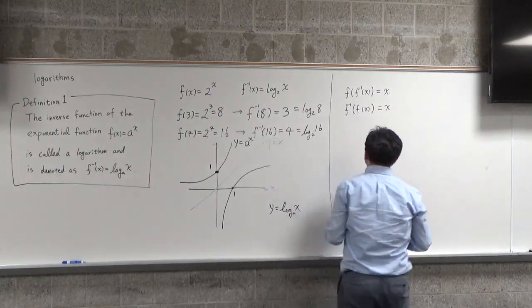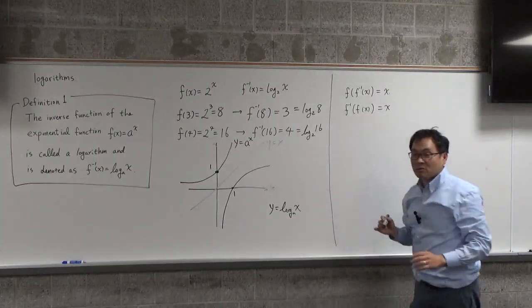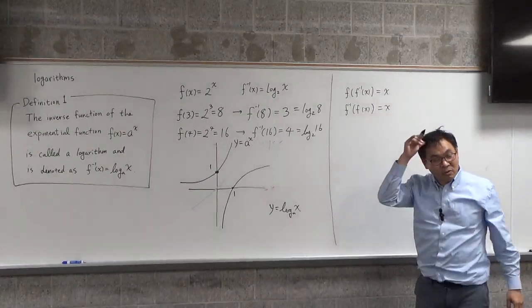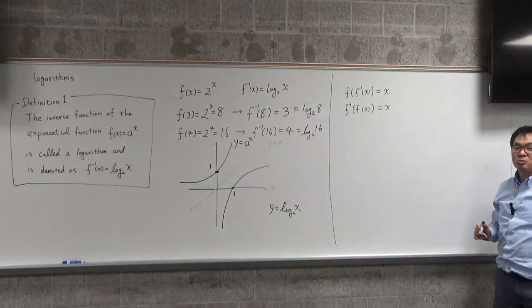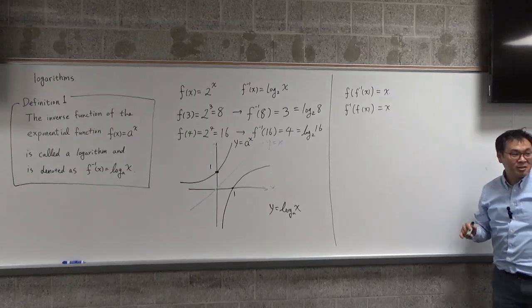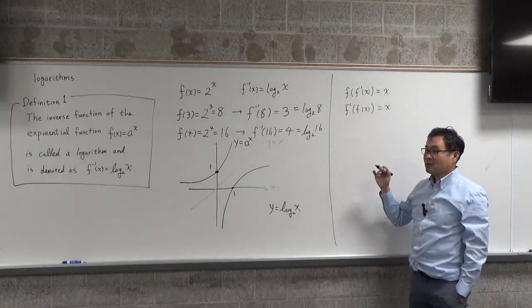Now, not only is this true, but you can think of this as a defining property of an inverse function, because there's a theorem that you would learn if you're a math major, and in your first proof class, you get to prove the following fact.